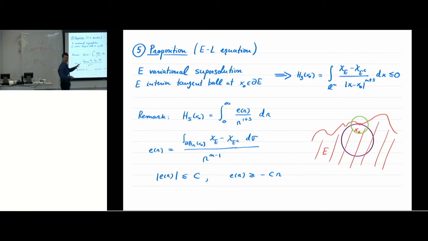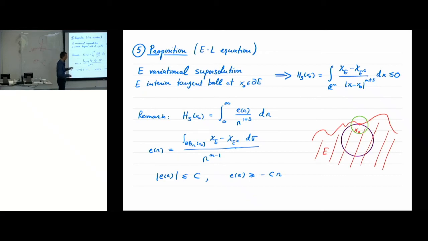At this point, if I look at the nonlocal mean curvature, I can say that it has to converge. I mean, it might be infinity, but it has to converge. Sort of, I have a bound. The only problem is the convergence near x_0. I don't know exactly what happens to this difference. But if I have a ball from below, I can always say that this function is bounded by a minus a constant times r.